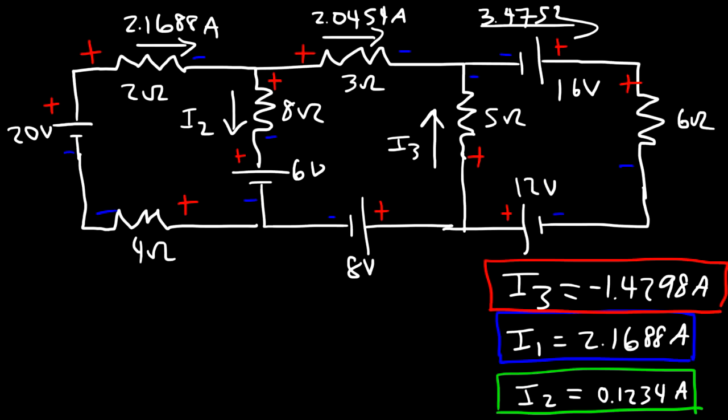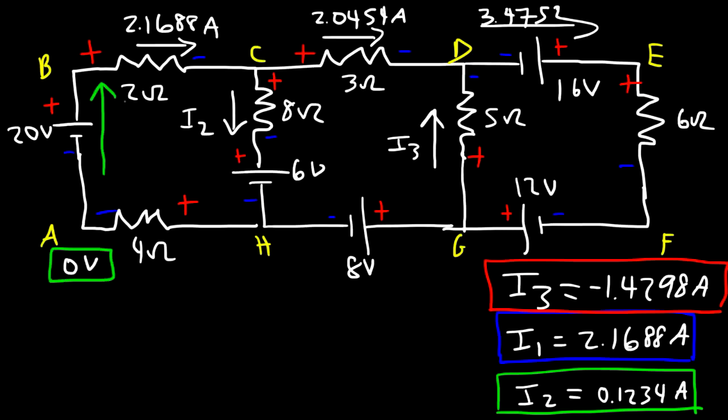So now that we have all the appropriate signs, let's calculate the potential at every point. Well, we're going to assume point A is 0. This is B, C, D, E, F, G, and H. So if the potential is 0 at A, what is it going to be at B? So going in this direction, we have a voltage lift of 20 volts.